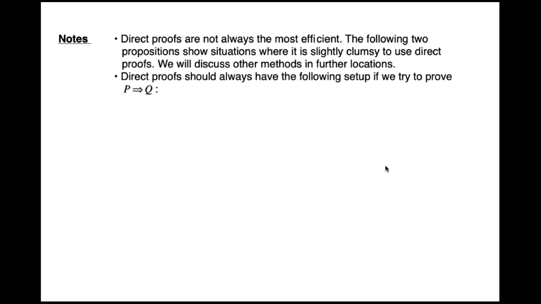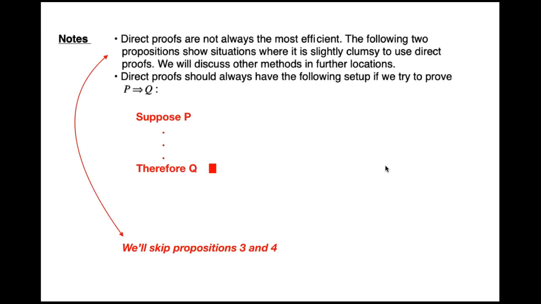So importantly, direct proofs should always have the following setup if we try to prove if P then Q. Either you write suppose P and then you take your steps and you reach therefore Q, or you assume P is true, step, and you say we've shown Q, and so on. There's other ways.